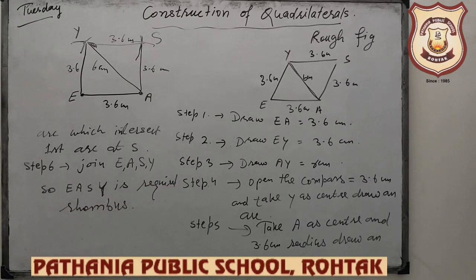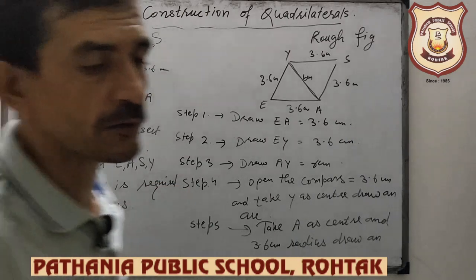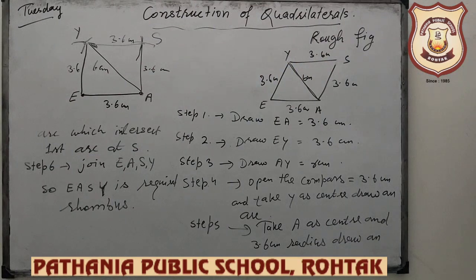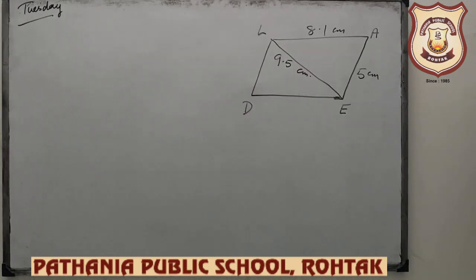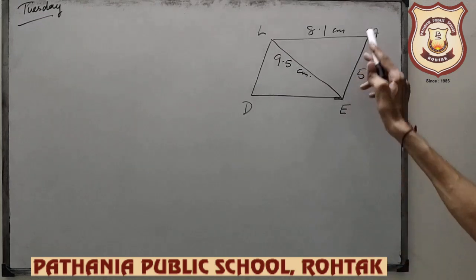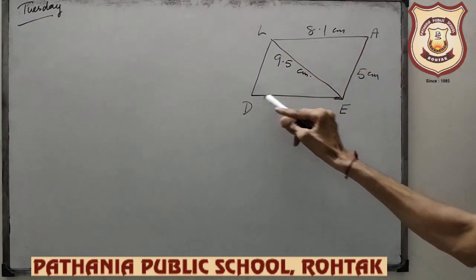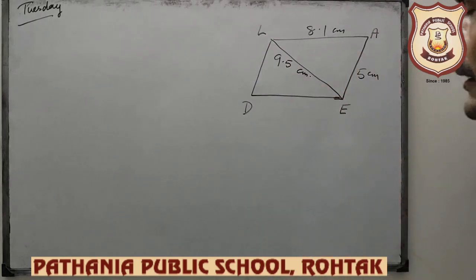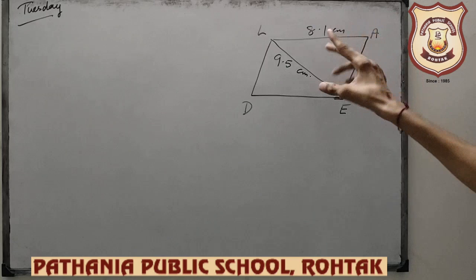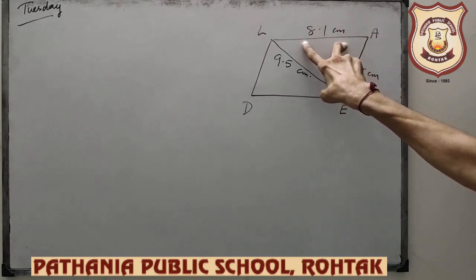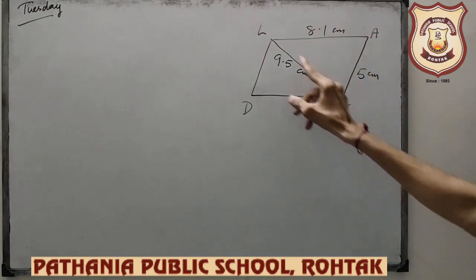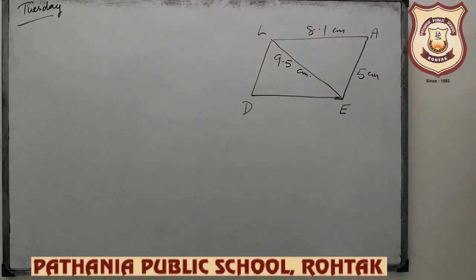In this way, you can draw the given quadrilaterals. Now I am going to explain one more. What is that? Now beta, the last part of this 4.1 exercise. In this, draw a parallelogram DEAL, in which EA is 5 centimeter, AL is 8.1 centimeter and EL is 9.5 centimeter.